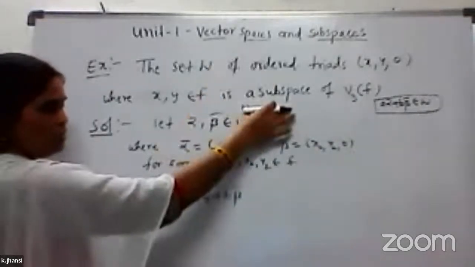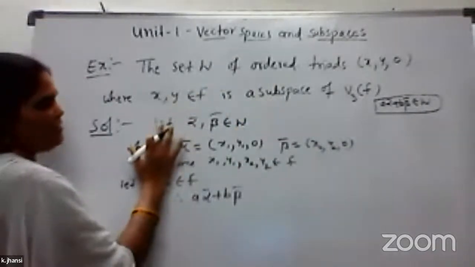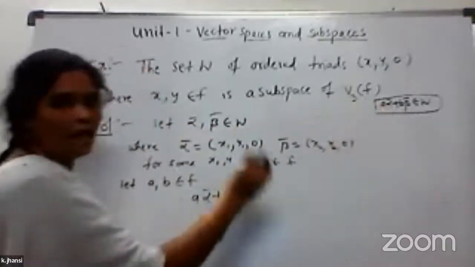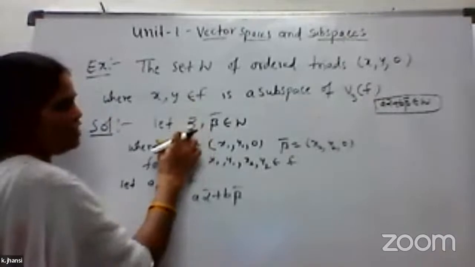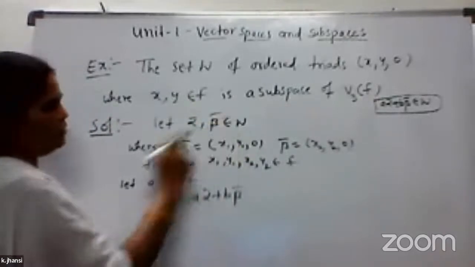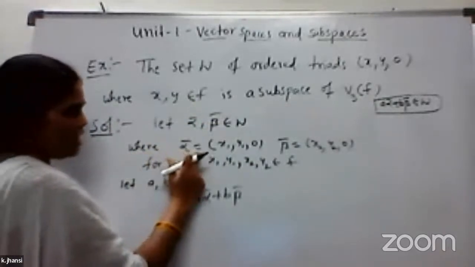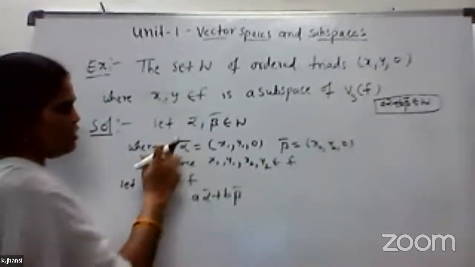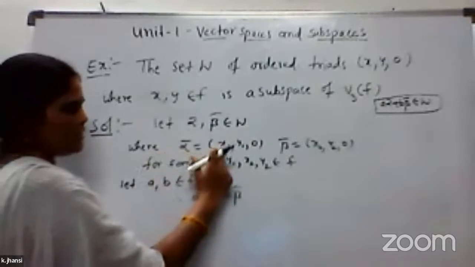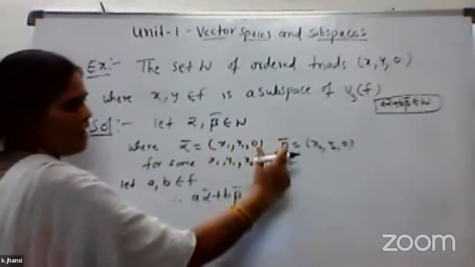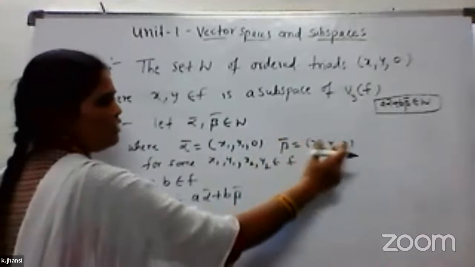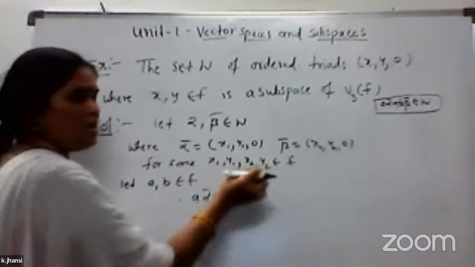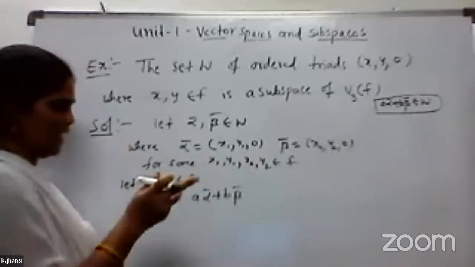To prove this, we first take alpha bar and beta bar, which belong to the subset W. Alpha bar is x1, y1, 0 and beta bar is x2, y2, 0, where x1, y1, x2, y2 belong to the field of scalars.